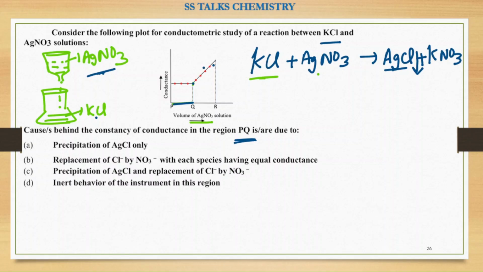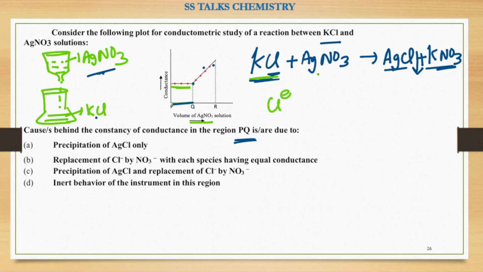So in the PQ region, the precipitates are being formed, and also if you see, the Cl negative ions that you are having are being replaced by the nitrate ions. In KCl it was present, and after that it forms KNO3. So the chloride ions and the nitrate ions, both of them are large in size. That is why not much change in the conductance is observed in the PQ region.